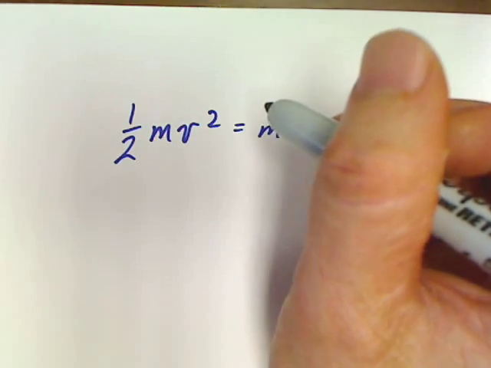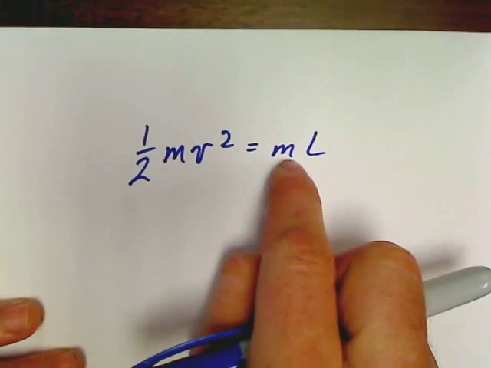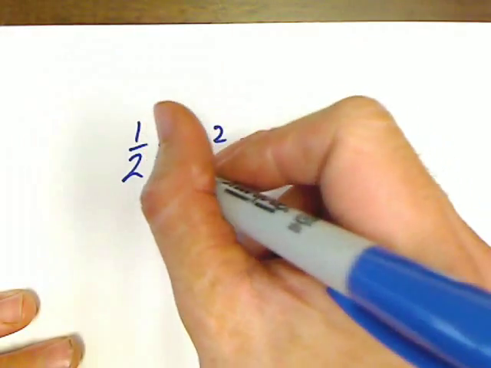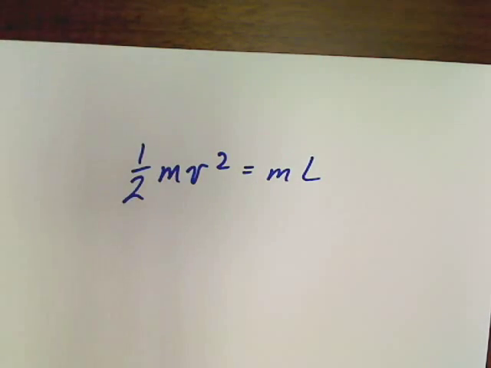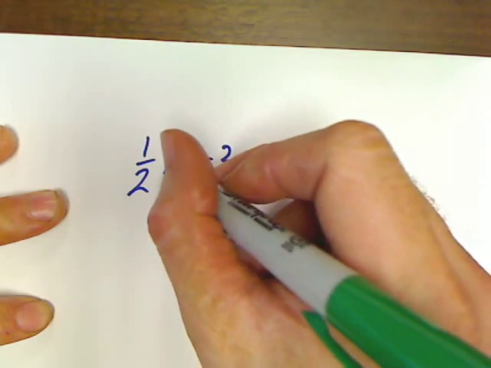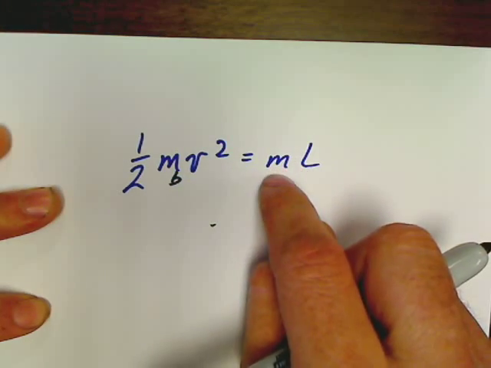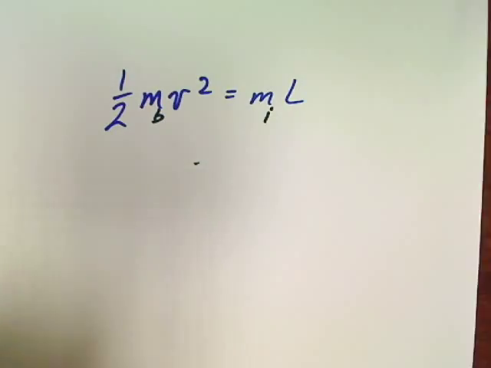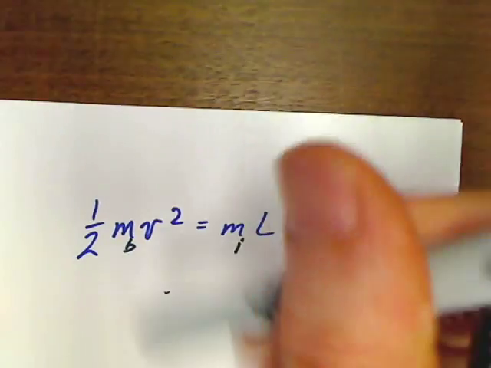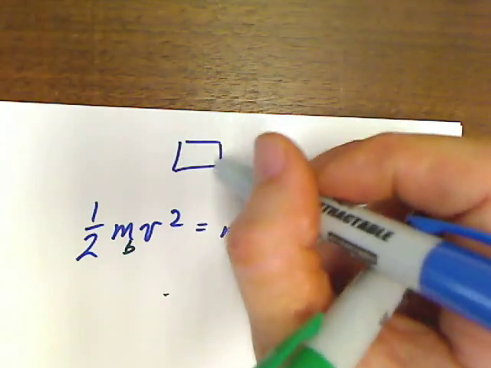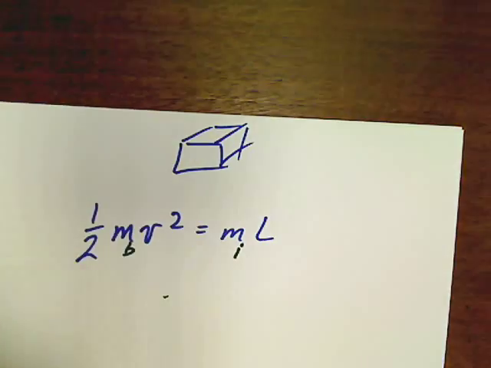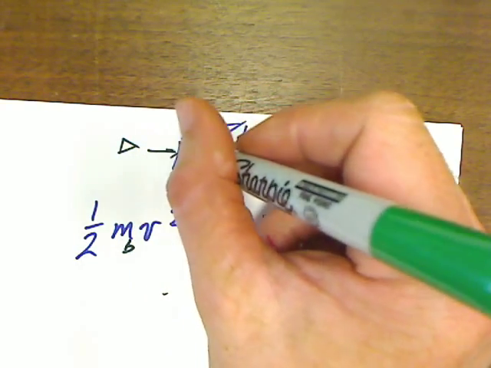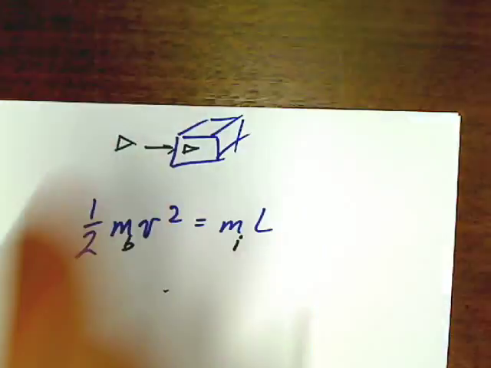And now, here's the thing. These masses are not canceling out. I almost did it just now. But you see, this mass on the left side had to do with the bullet. The one on the right side is asking how much ice you melt. So what's happening in this problem, somebody's got a cube of ice, and they have shot a perfectly good bullet into the cube of ice, which of course melts some ice.